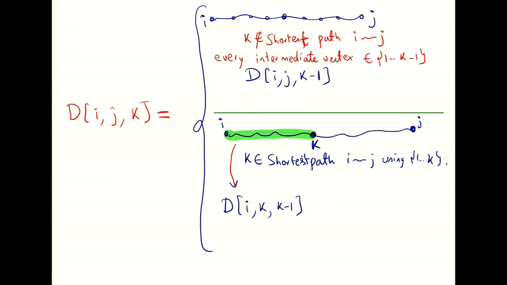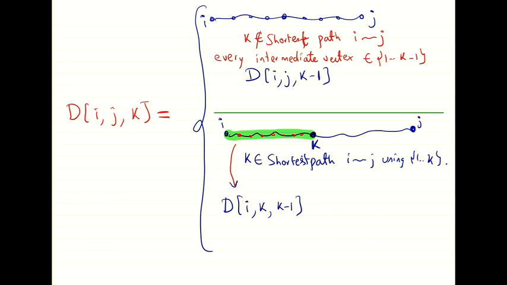Because if I look at the intermediate vertices in this part of the path, the only intermediate vertices were 1 through k, and I'm telling you where k is. So all the other intermediate vertices will be from 1 through k minus 1.